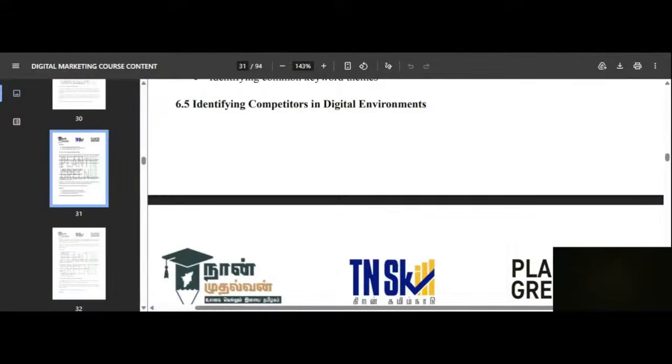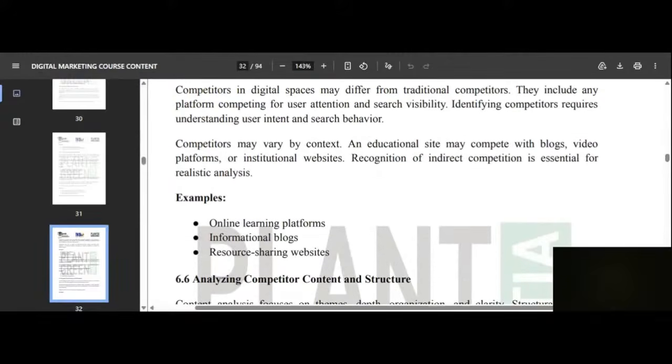To identify the competition in digital environments. Competitors in digital spaces may differ from traditional competitors. They include any platform competing for user attention and search visibility. Identifying competitors requires an understanding of user intent and search behavior.